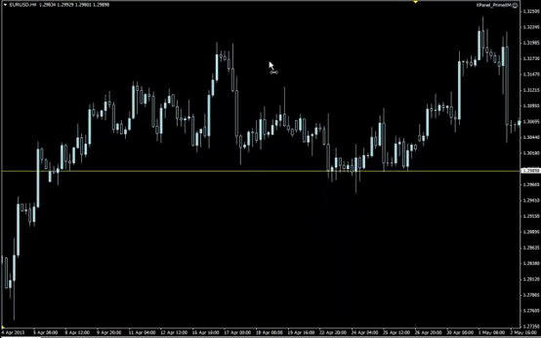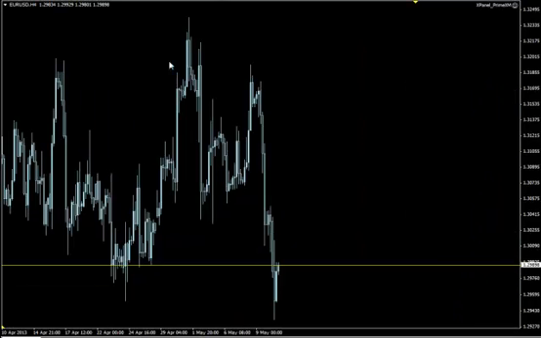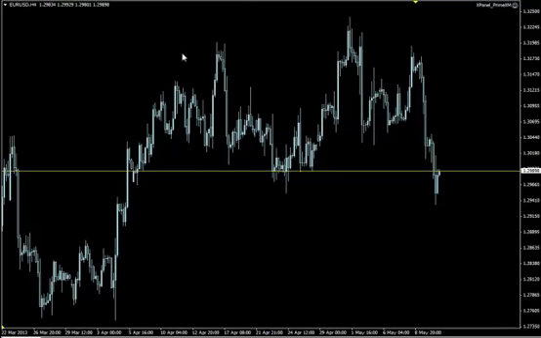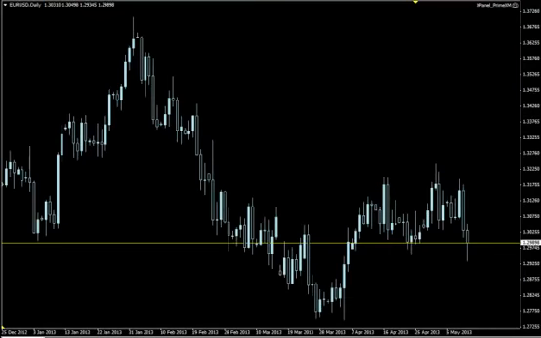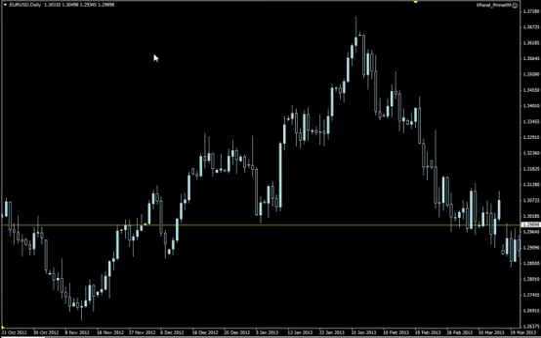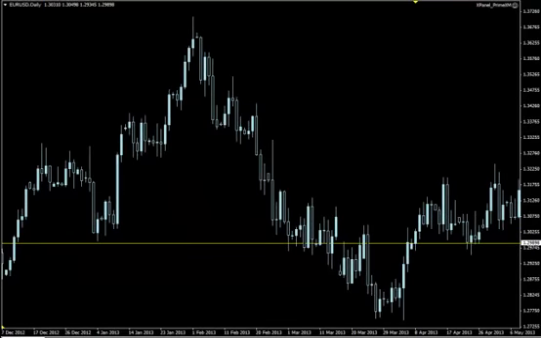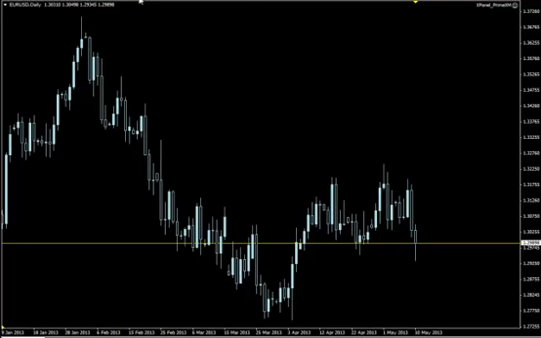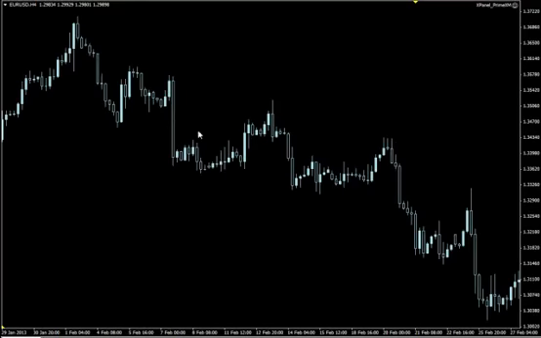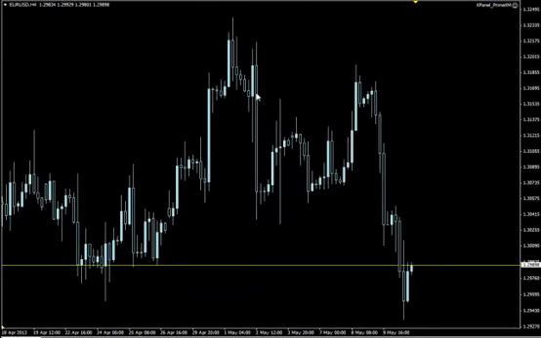So let's take it even. Okay, this is a daily chart. I want to use the Fibonacci tool. So let me go to the H4 chart. Here we are.